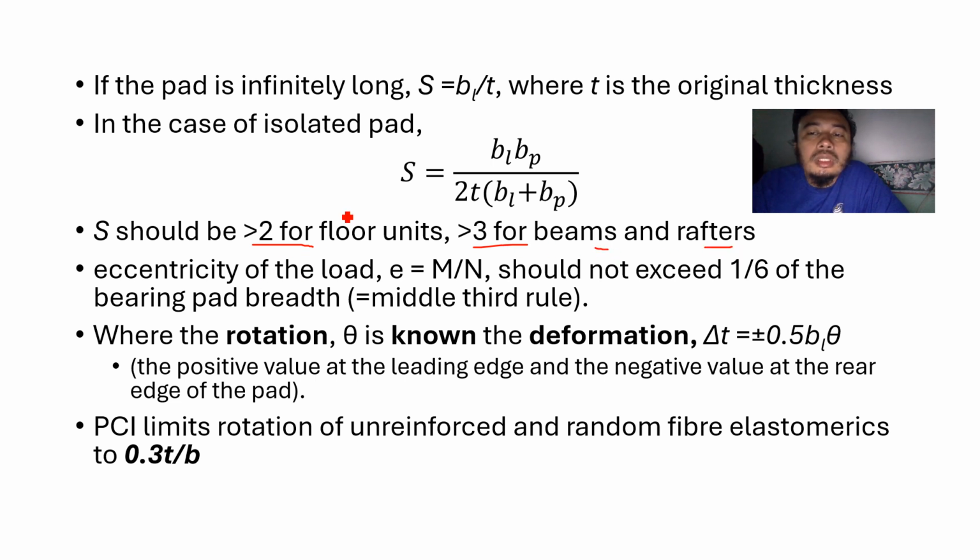So if it is a double T floor, the value of S to provide for shear friction should be more than 2, and for beams and rafters, which are more critical, the shear friction value will be more than 3.